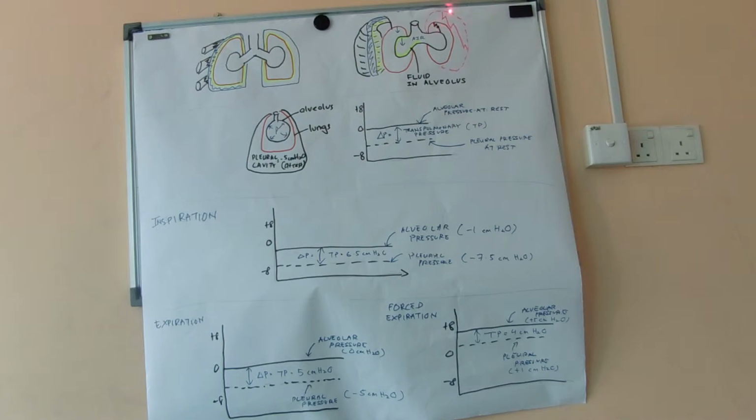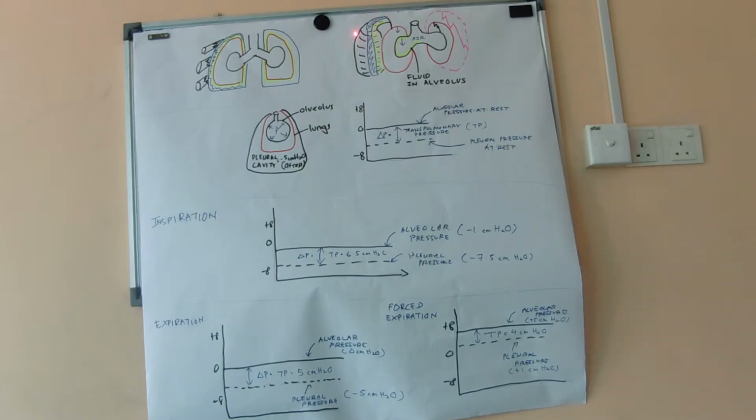It's just like a rubber band: when you stretch it and then release it, it shrinks back, because the natural force of the lungs is to always try to shrink because of these elastin and collagen fibers. There's also another force inside the alveolus, which I will talk about in a while.